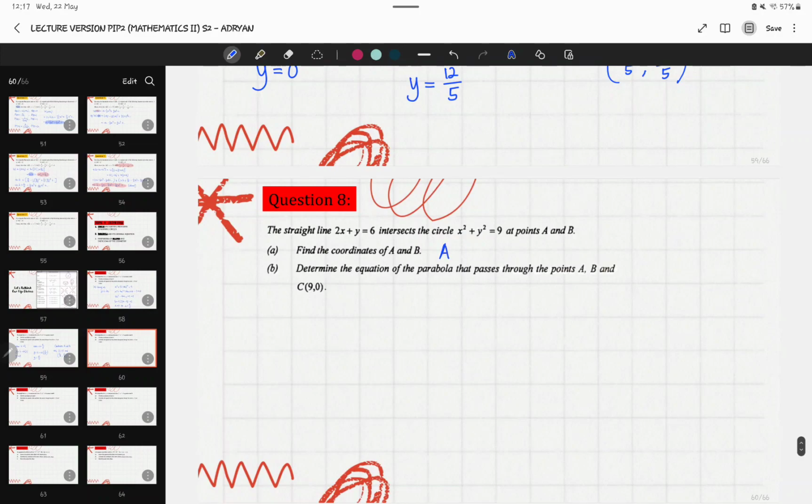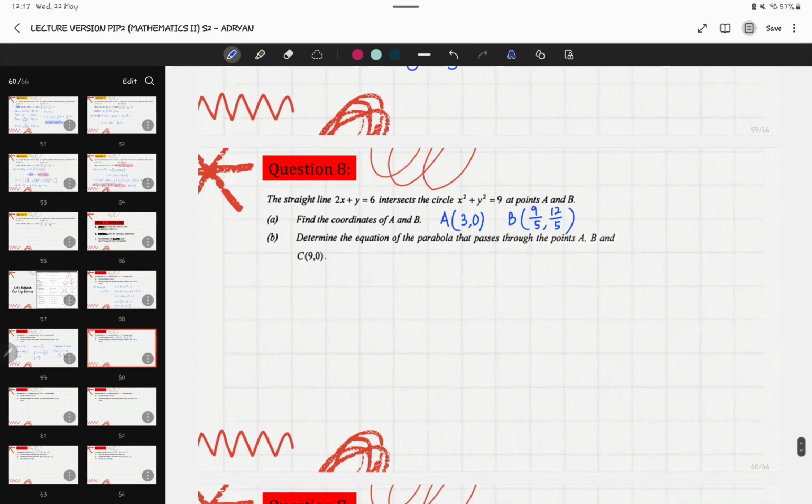We do not know what A is or what B is, but let's assume A is (3, 0) and B is (9/5, 12/5).